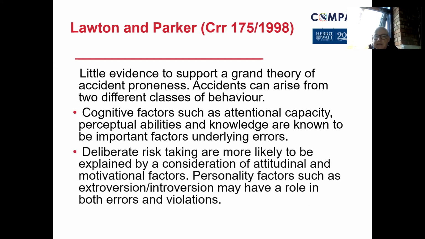Cognitive factors, it being one, so the attention capacity, the perceptual abilities and knowledge, and then you've got deliberate risk taking on the other side of it. So they explained by a consideration of attitude and motivational factors. So personality factors such as extroversion and introversion. So are you outgoing or are you quite reflective, may have a role in both errors and violations.